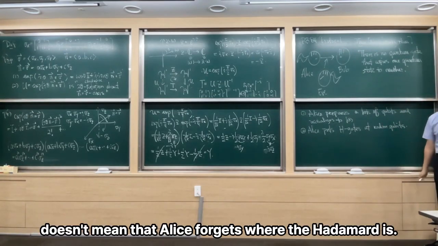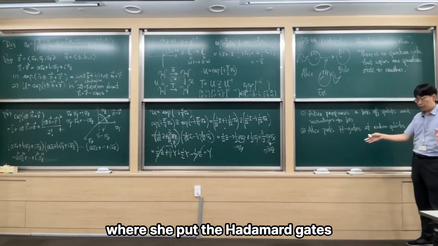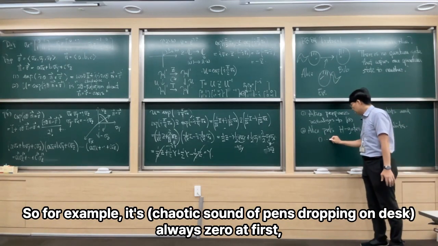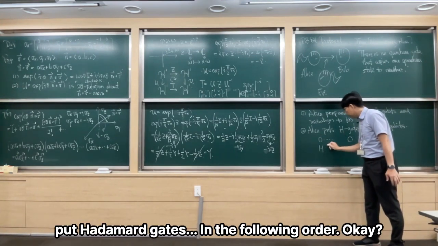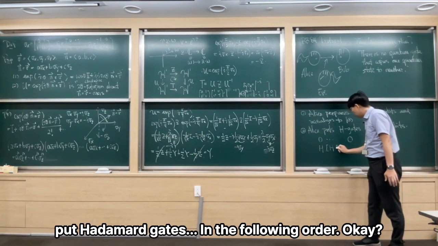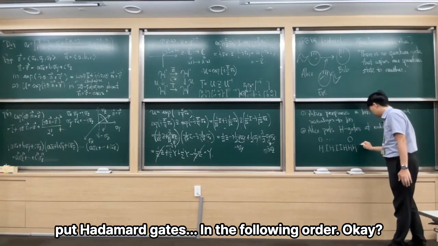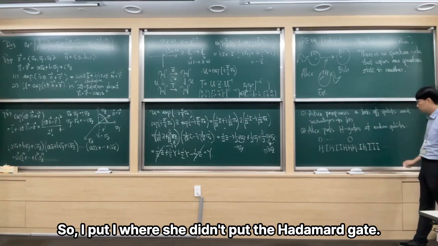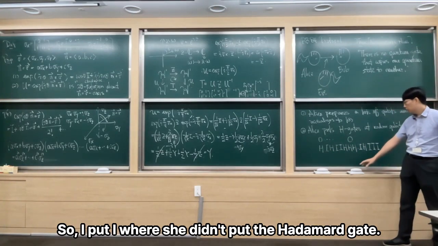Random qubit doesn't mean that Alice forgets where the Hadamard is. Alice always keeps the record of where she put the Hadamard gates on each qubit. So for example, it's always 0 at first, but let's say Alice put Hadamard gates in the following order. I put I where she didn't put the Hadamard gate.